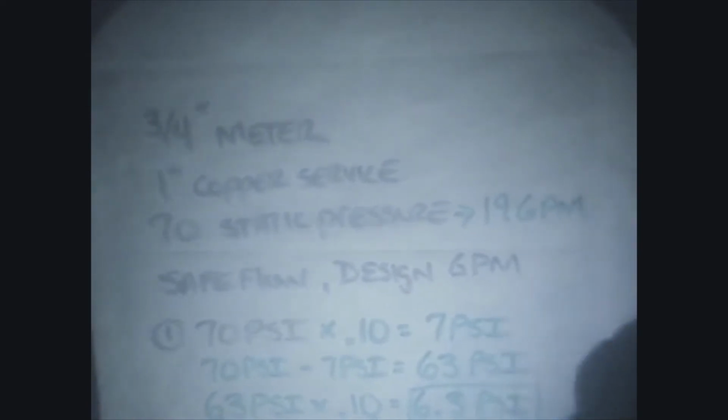So back to our original question, at 70 pounds of static pressure, our safe flow is going to be 19 gallons per minute. And that's based off 70 psi.